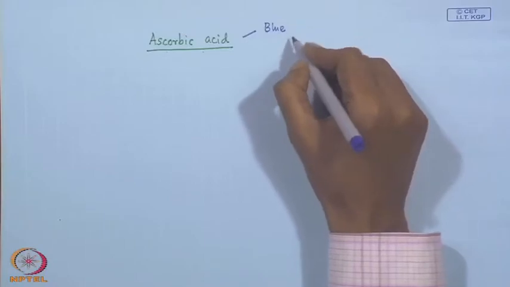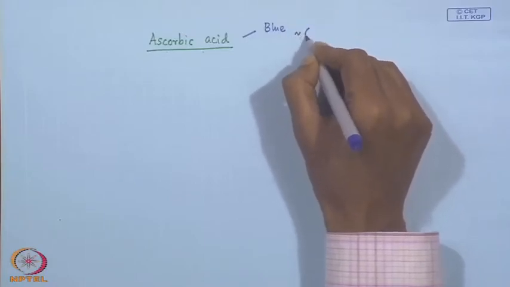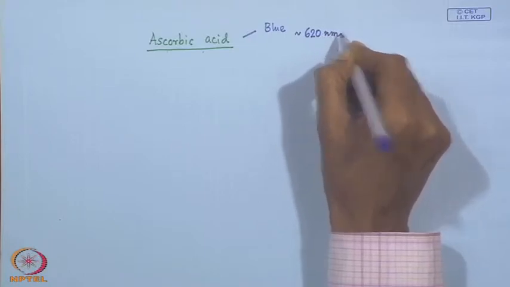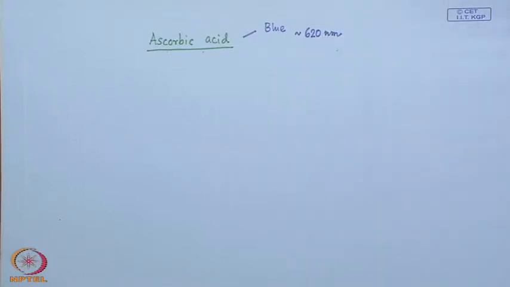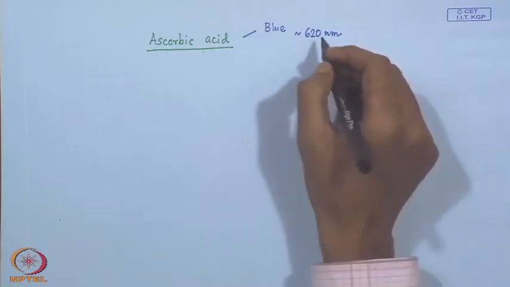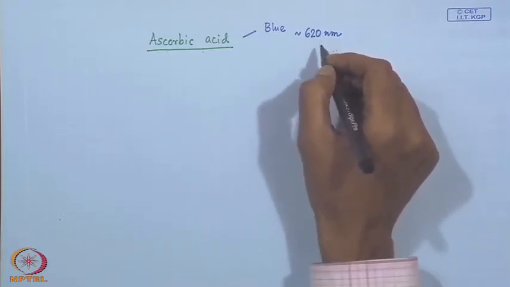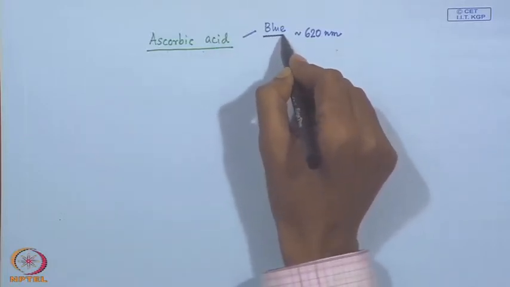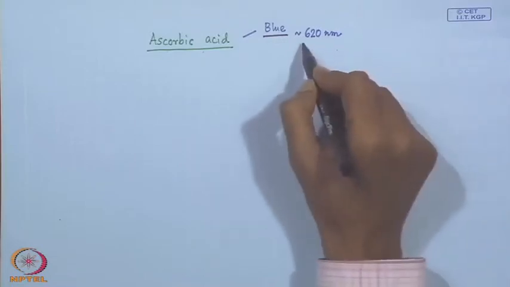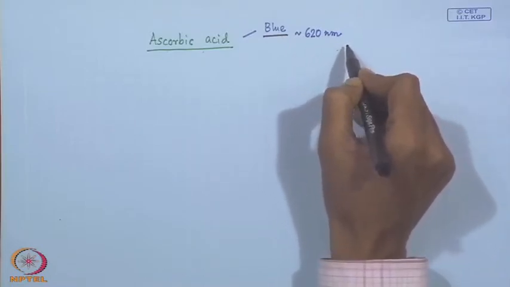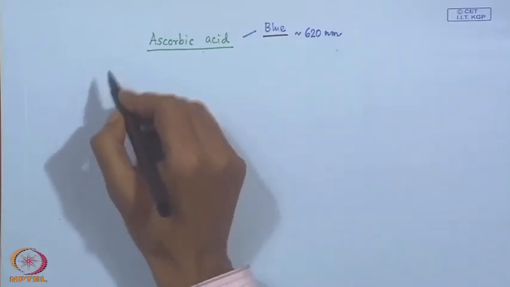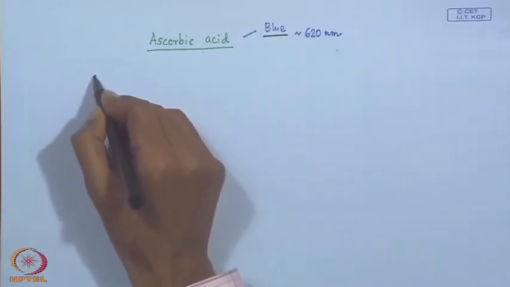If we get a band close to 600 nanometer or say 620 nanometer, that is the corresponding signature from the electronic spectroscopy. That electronic spectroscopy immediately tells you that these multicopper oxidases can have a blue color also, because you have a band at this particular wavelength, and it catalyzes the oxidation of ascorbic acid.